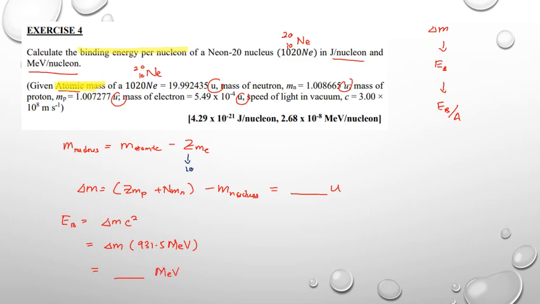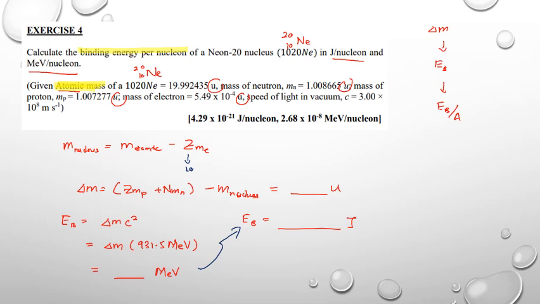Once you have EB in MeV, you can convert EB into joule. So EB equals, you do the unit conversions and get it in joule. So delta M, you don't have to convert it to kg. You convert into joule after you get EB.